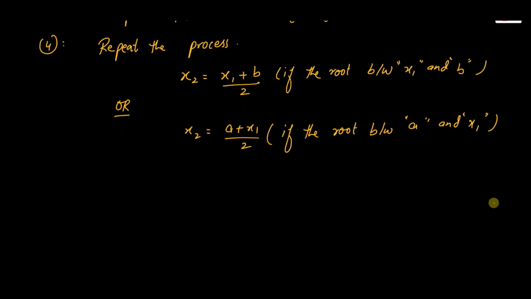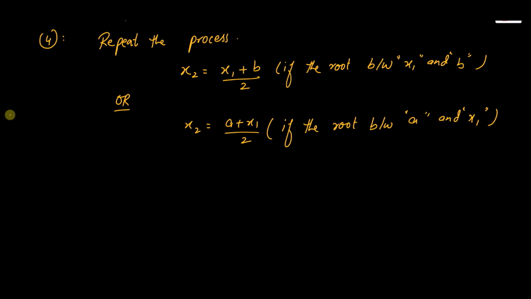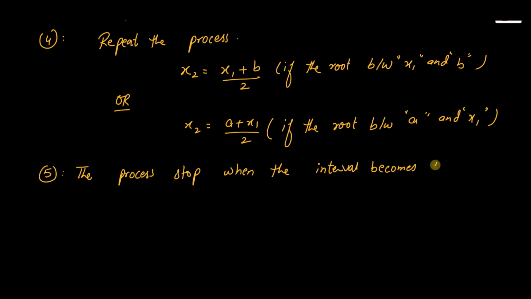So in the next step, that is our 5th step, we stop when the desired accuracy is achieved. So we simply say that the process stops when the interval becomes sufficiently small, or when f of xn is close to 0.